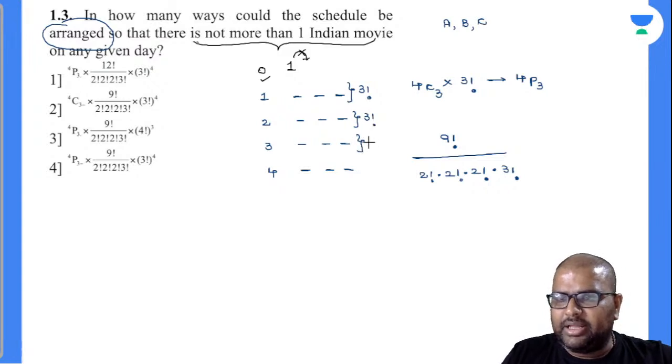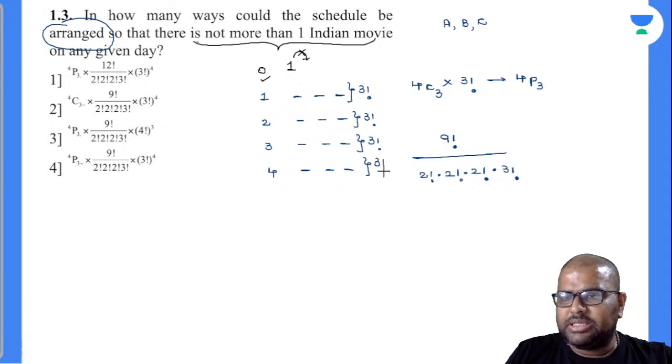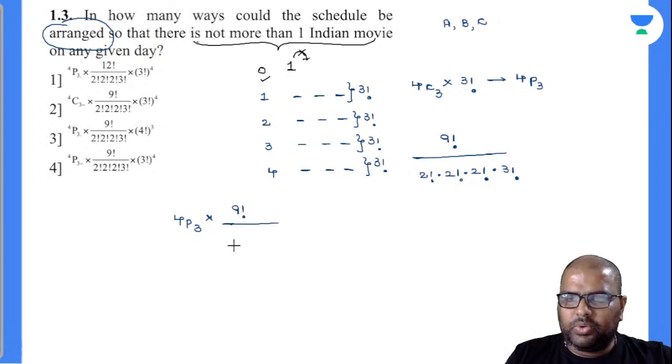Again, at last, finally, how many of you got this logic there? So finally, my answer will be, this is the way of arranging 12 movies so that not more than one Indian movie is played on any given day: 9 factorial by 2 factorial into 2 factorial into 2 factorial into 3 factorial, into 3 factorial whole to the power of 4.